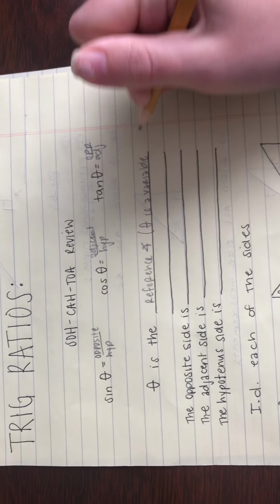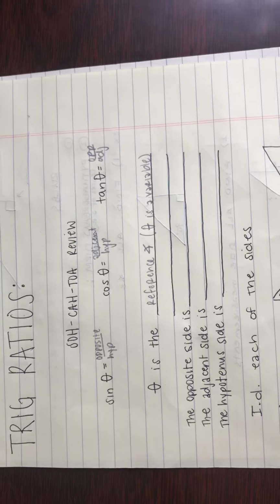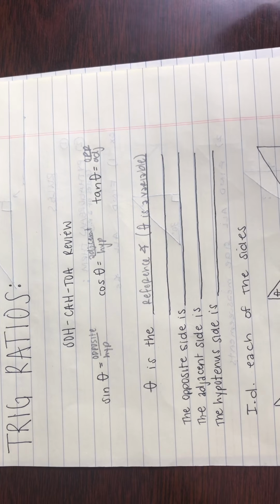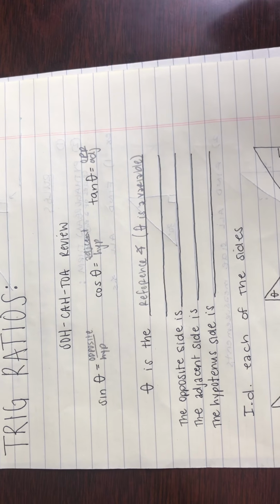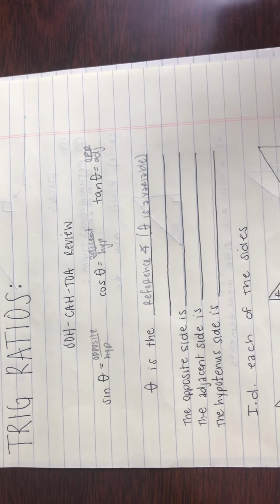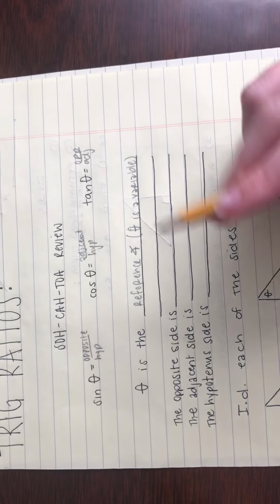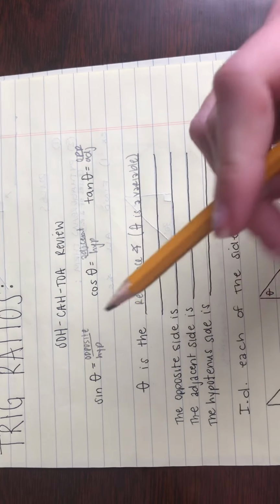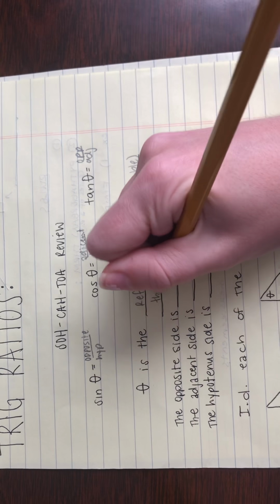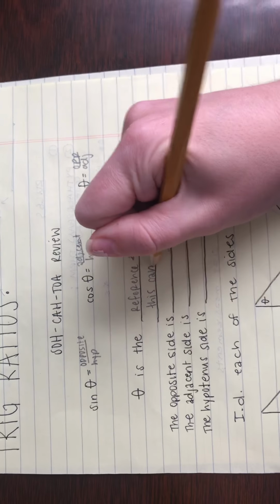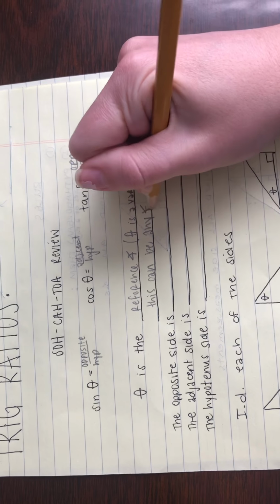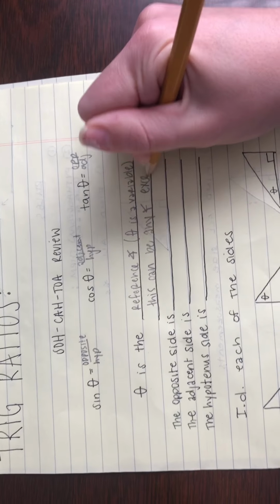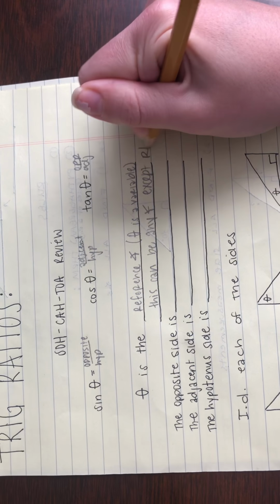We like to use Greek letters to symbolize angles, and we like to use American letters? I don't know if that's what that's called. I don't teach English. I don't know. To represent measurements. So this can be any angle in the right triangle except the right angle.